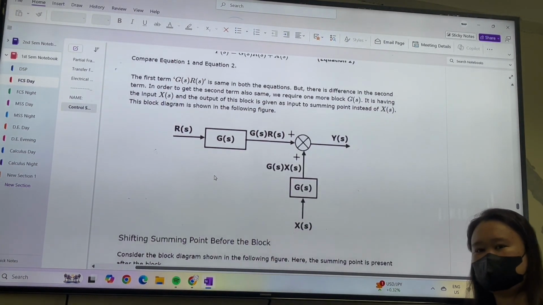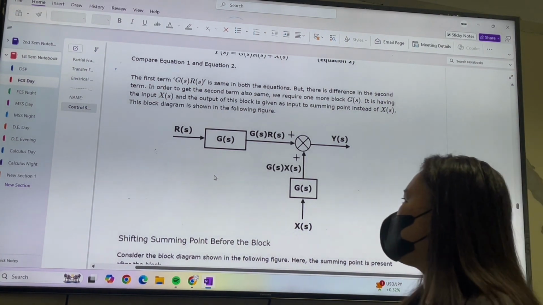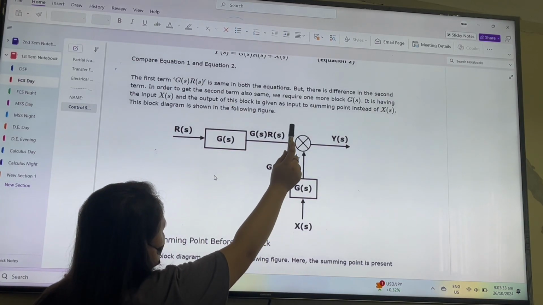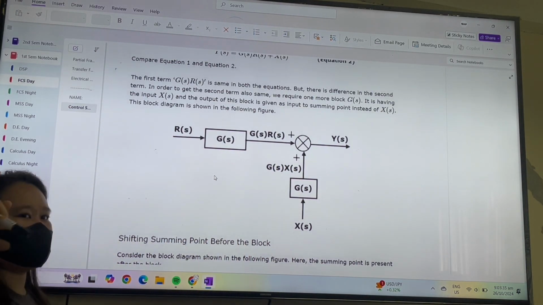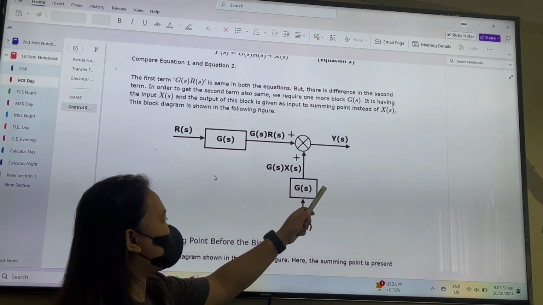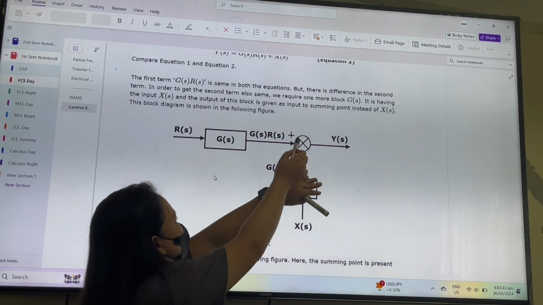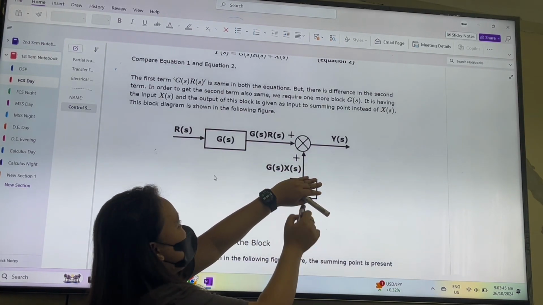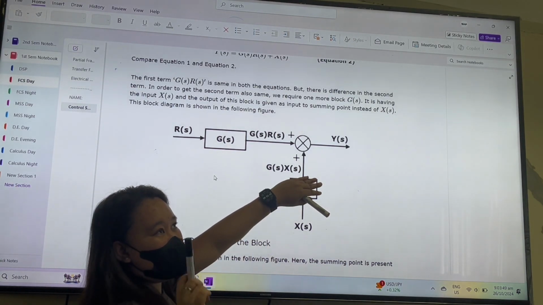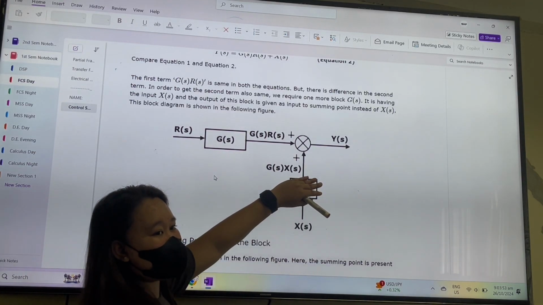okay. We put a block here, so that we get GSRS plus GSXS. Now, if we put another block here, that is what was missing earlier. After shifting, before and after, XS should be here. But the two equations are not identical: the equation of the future diagram is not identical to that of the past diagram.